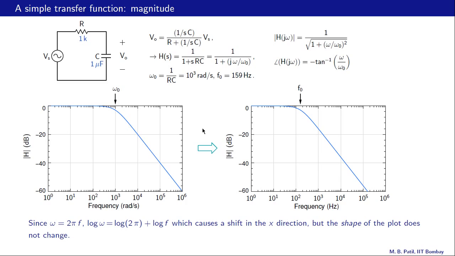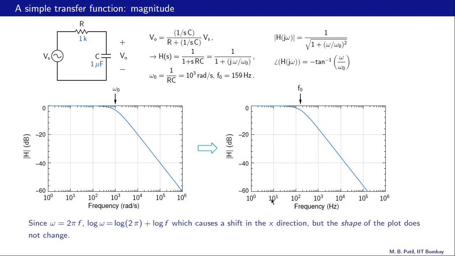Alright, so what is the frequency that corresponds to omega 0, which is equal to 10 raised to 3 radians per second? That is f0, and it's given by omega 0 by 2 pi, which is about 159 hertz, let's say 160 hertz. So what will happen as a result is this omega 0 point will now shift to 160.